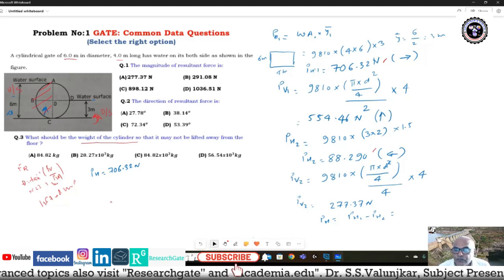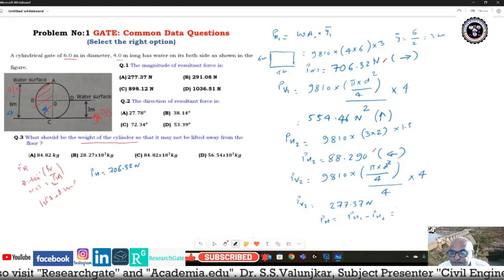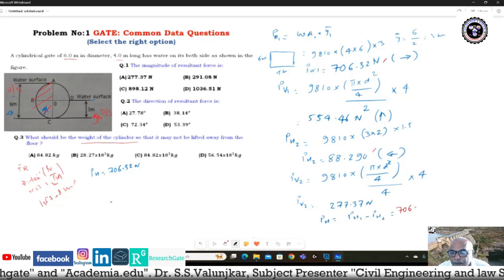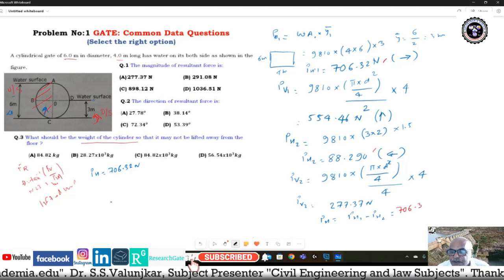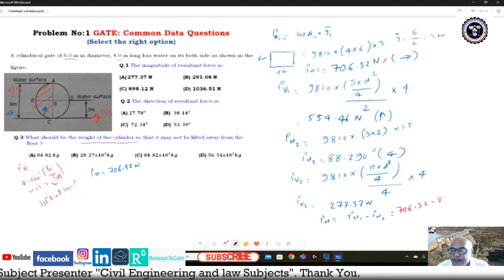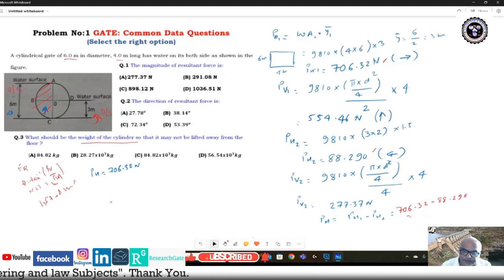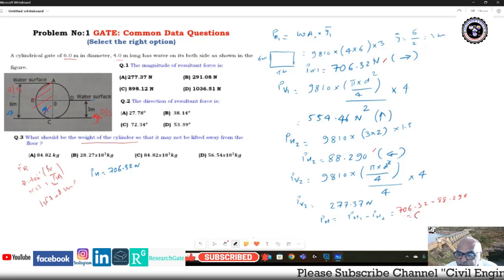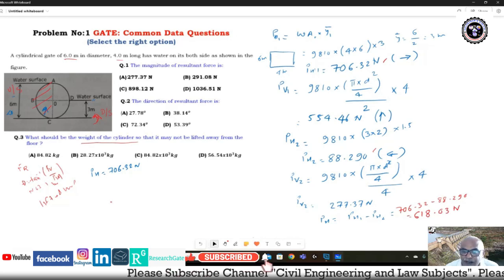So that is 706.32 minus 88.290, which is equal to 618.03 Newton.